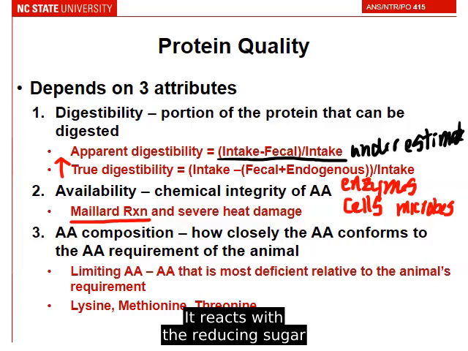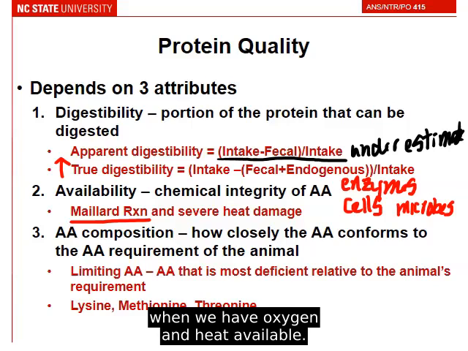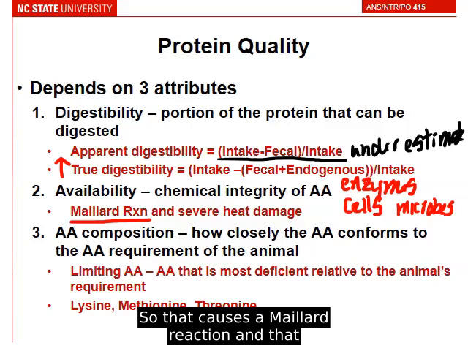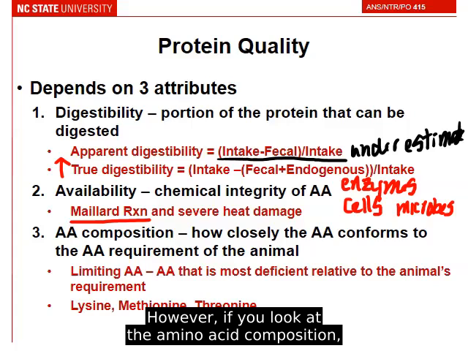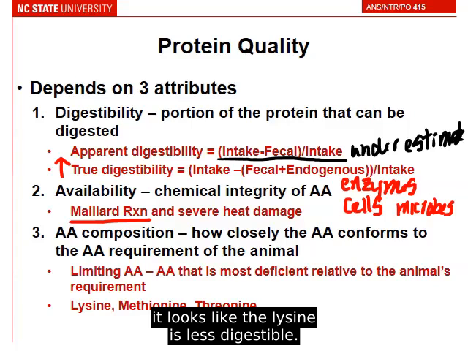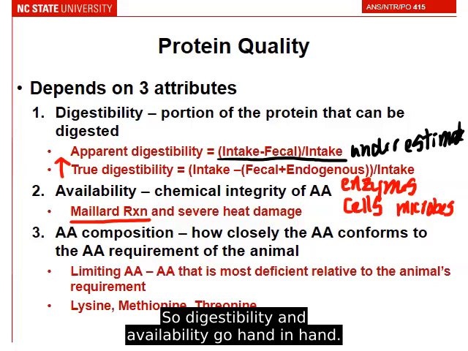It reacts with the reducing sugar when we have oxygen and heat available. So that causes the Maillard reaction, and that makes the lysine unavailable. However, if you look at the amino acid composition, it looks like the lysine is less digestible. So digestibility and availability go hand in hand.